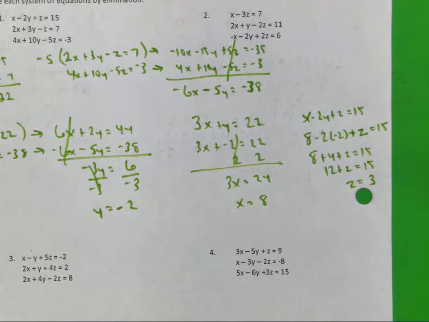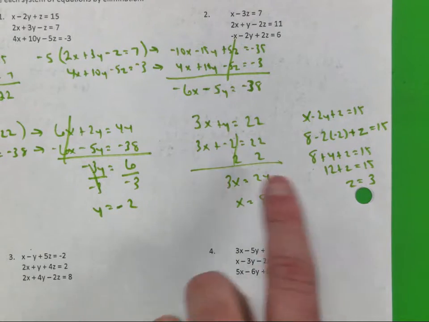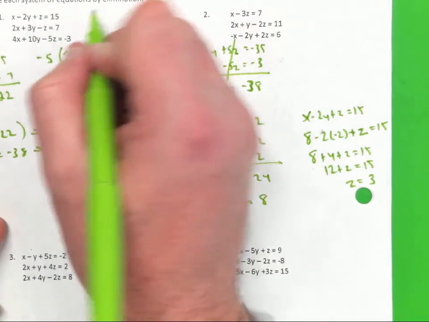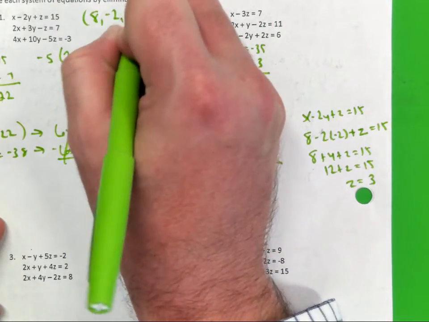So I get z equals 3. So I have x equals 8, y equals negative 2, and z equals 3. So my ordered triple would be, in alphabetical order, 8, negative 2, and 3.